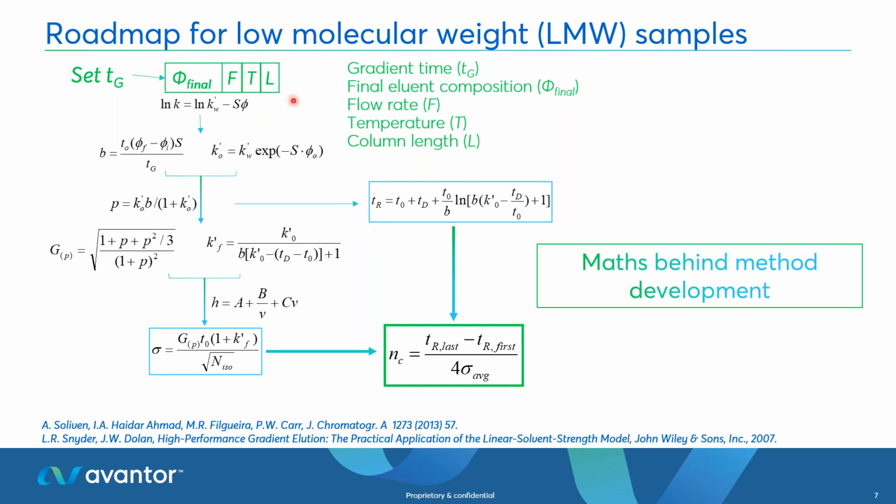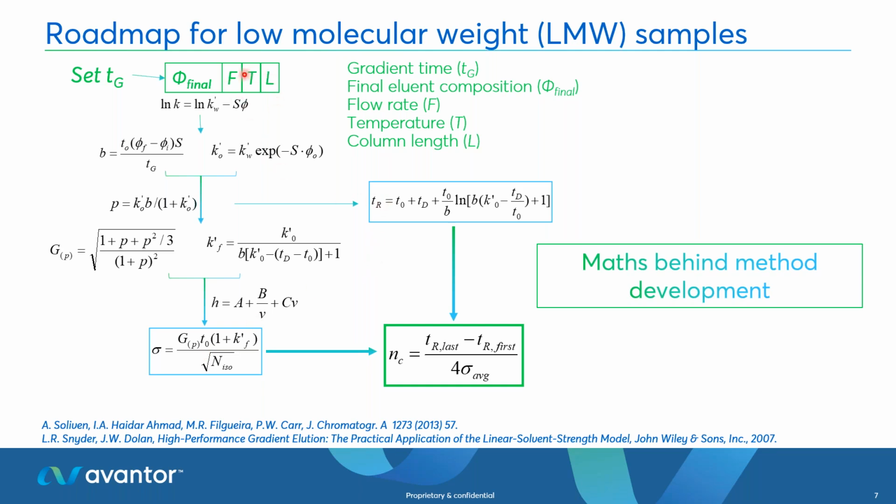But very quickly, just to understand the multivariate relationship between all of these practical parameters we have control over when we develop a method: when we toggle these parameters, it influences a lot of the different equations that govern reverse phase gradient elution theory. In one way or another, it's going to affect the peak shape. Here we've got sigma, a metric that describes the peak width.